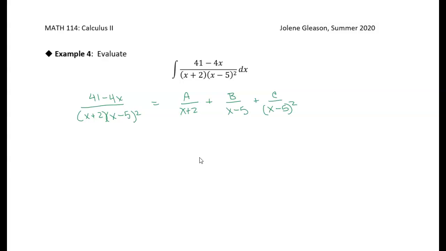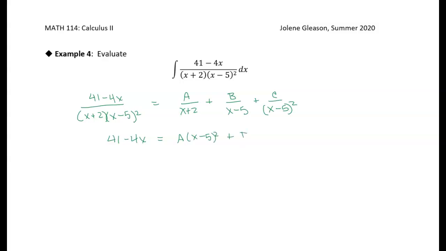All right, from here we're just going to do it the same way. We're going to clear the denominators. So I'll get 41 minus 4x is equal to, remember I'm multiplying everything by x plus 2 times x minus 5 squared. When I do that, I will end up with A times x minus 5 squared, because the x plus 2's will cancel.